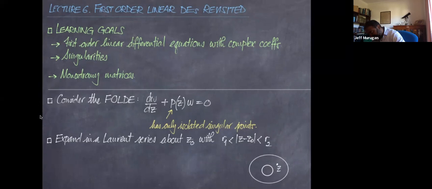So this is some point z0, r1, and r2 on the complex plane.